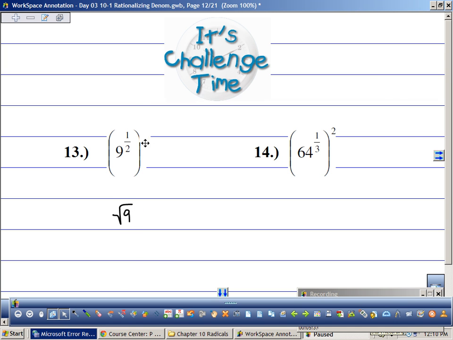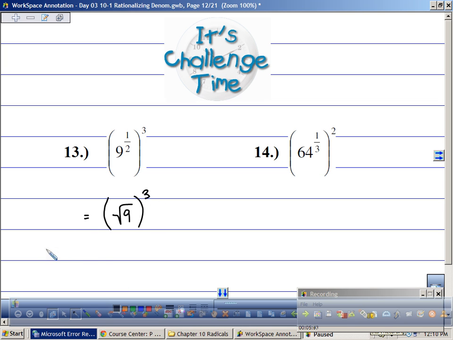Now that really means this 3 times, which equals square root of 9 times the square root of 9 times the square root of 9, which equals 3 times 3 times 3, which equals 27.